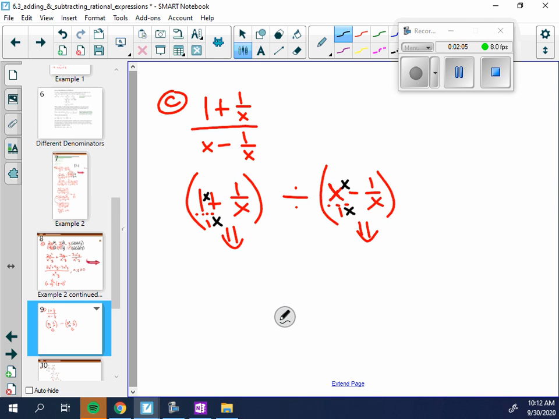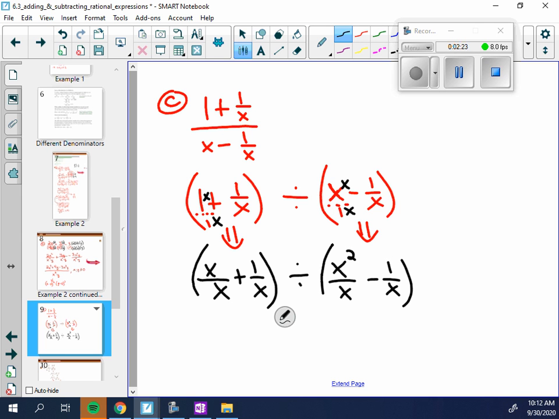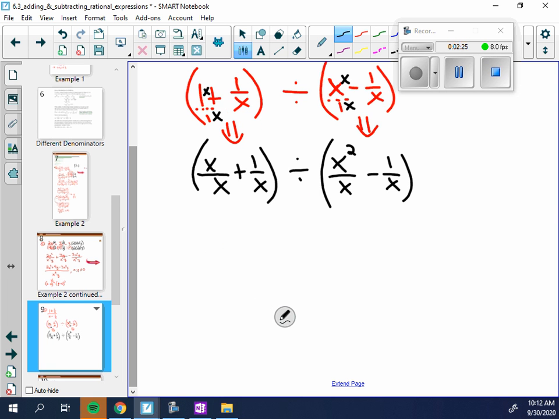So now what I have is an x over x plus a 1 over x for my first set of brackets. My second set of brackets, I have an x squared over x minus a 1 over x. Okay, and now I can make one big fraction with each of my brackets.